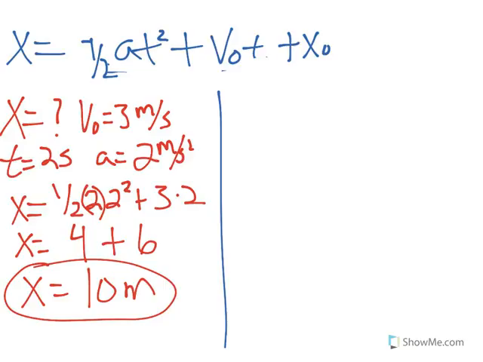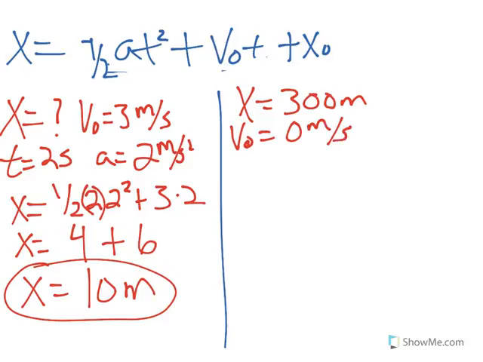But what if I told you that an object went a distance of 300 meters, and it started from rest, which meant that it's got 0 meters per second, and it did this with an acceleration of 6 meters per second squared. I want to know, if it had an initial velocity of 0 and it had an acceleration of 6 meters per second squared, how long did it take to do this?